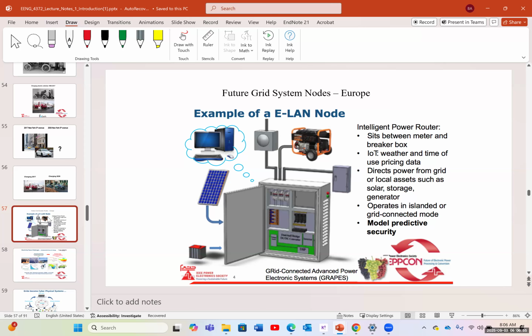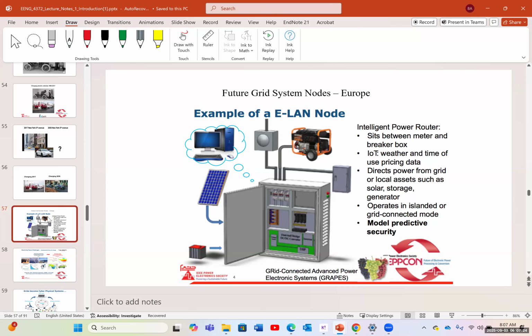And these IoT devices are used for weather and time-of-use pricing data. They could determine what time of the day the usage went up or down. So it would give us real-time data monitoring of a solar system, for example, or a load, for example, a house.